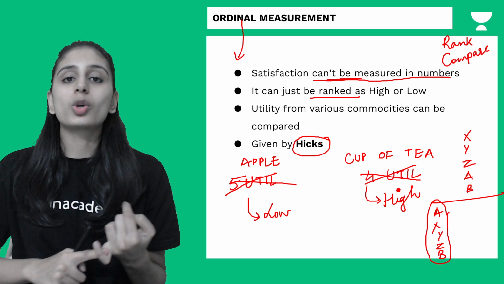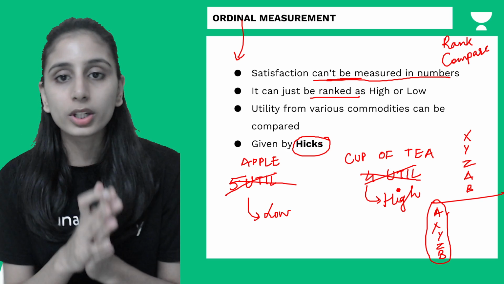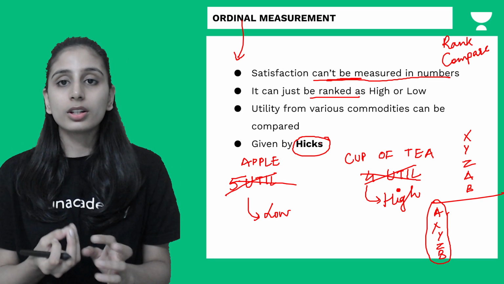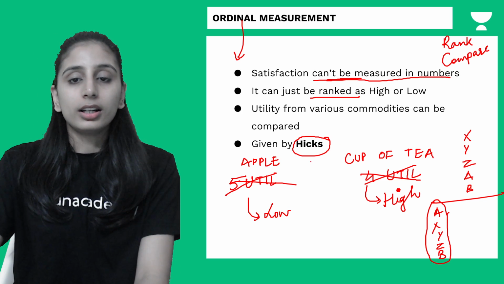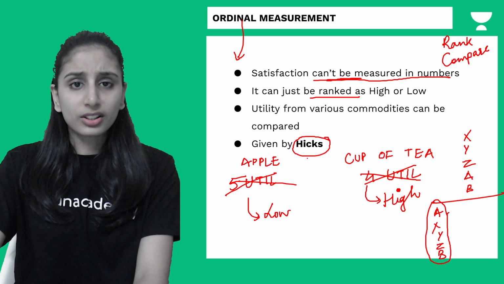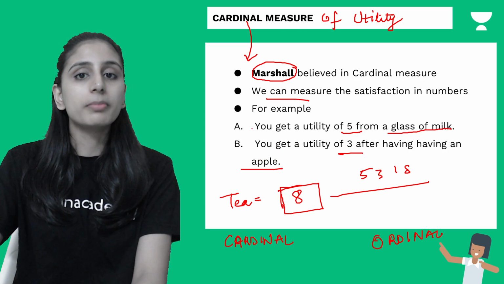Now we have seen what utility is and what are the two measures which are used to measure utility. And the unit for utility is utils. All right. I hope the concept till here is clear, and we'll be seeing majorly the cardinal measure in our book.